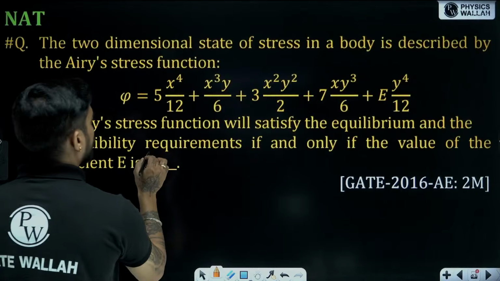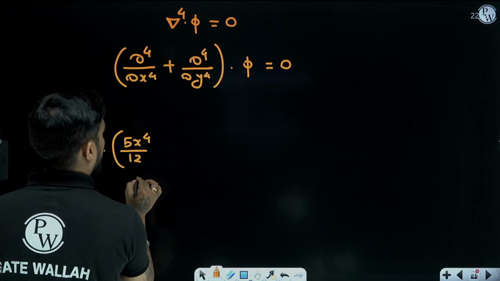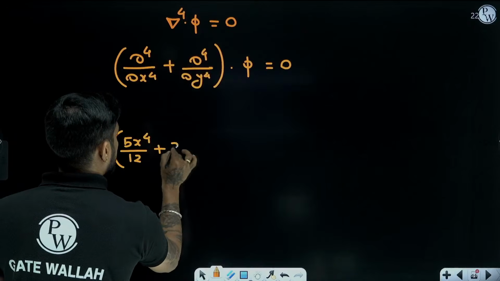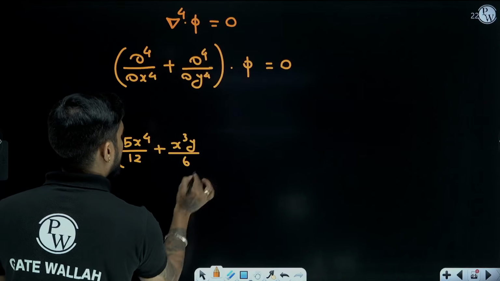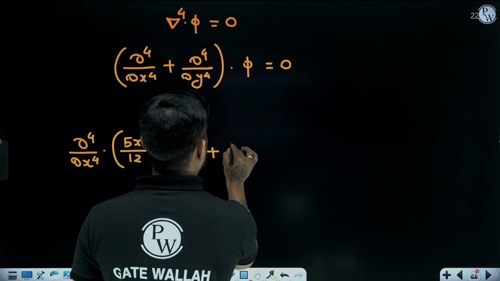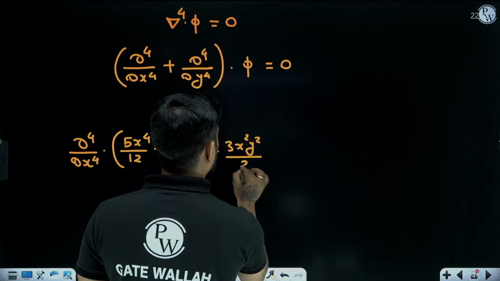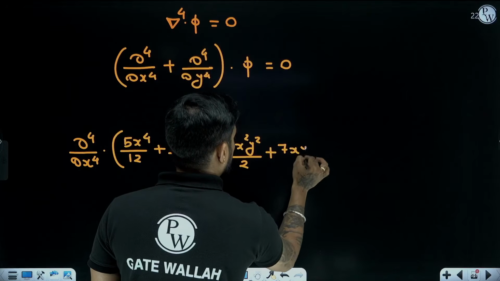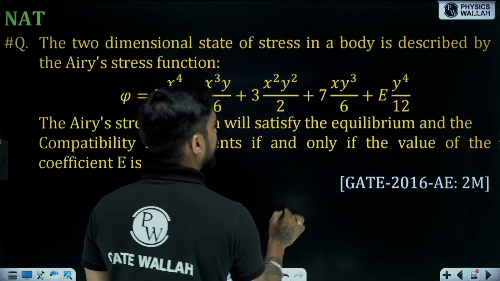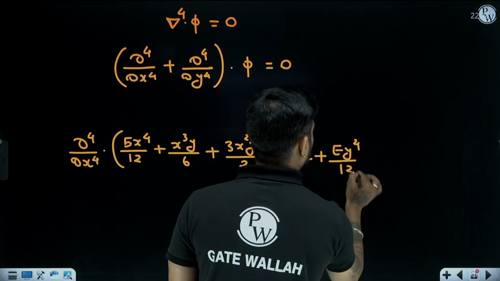What is phi? 5x to the power 4 by 12 plus x cube y by 6 plus 3x square y square by 2 plus 7xy cube by 6 plus e y to the power 4 by 12.